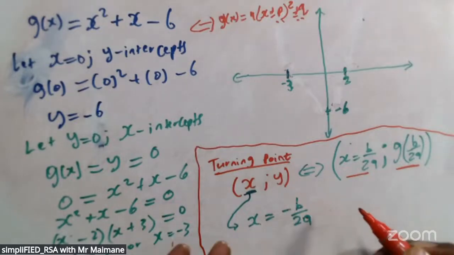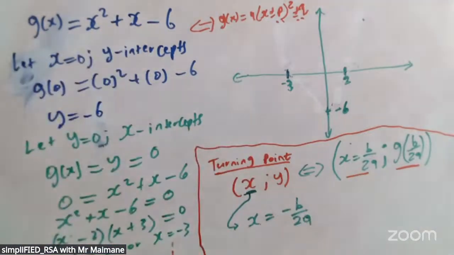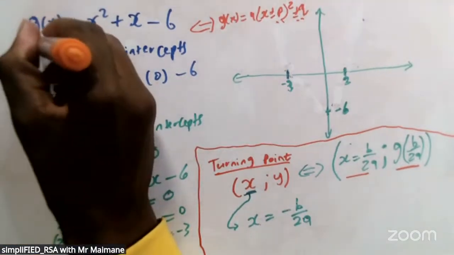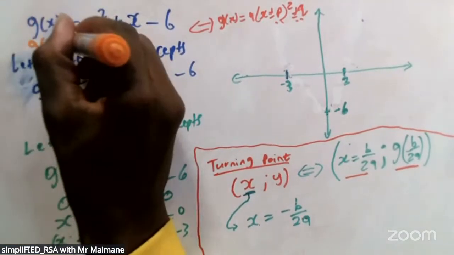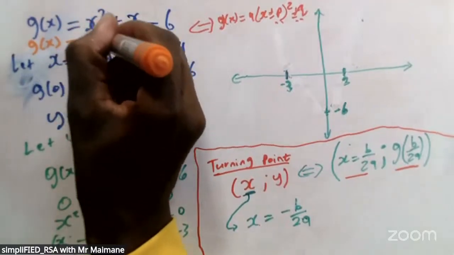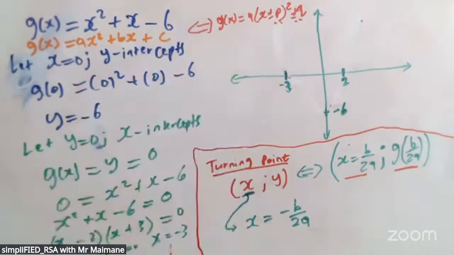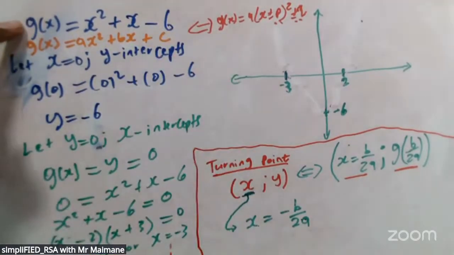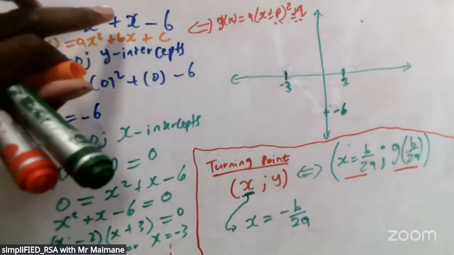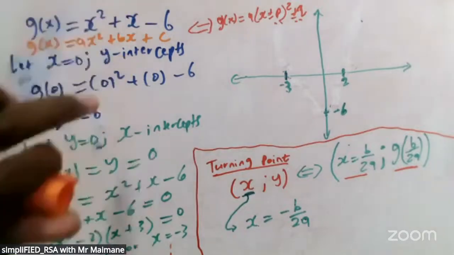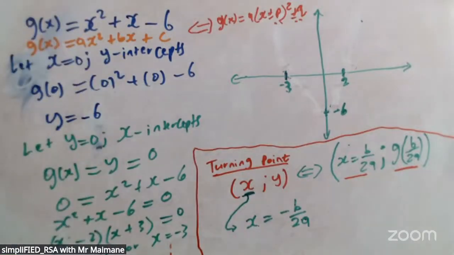That b and that a is from the fact that generally g of x was supposed to be ax squared plus bx plus c. So that's the a, the b and the c.